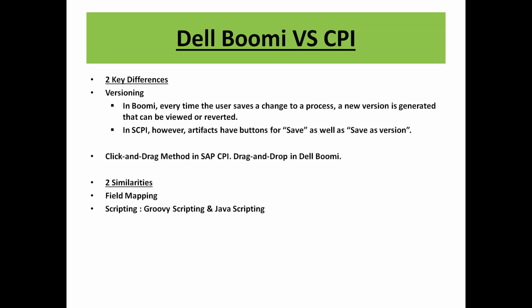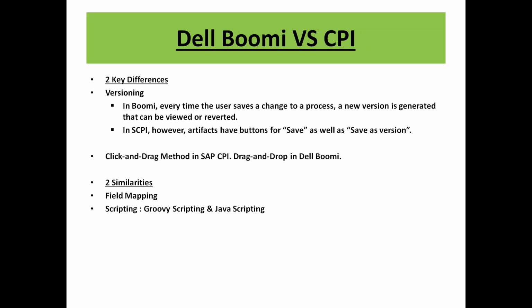What are the key similarities between Boomi and CPI? Field mapping. Field mapping is similar in Boomi and CPI. As I mentioned, in the map step, we map source fields with target fields.